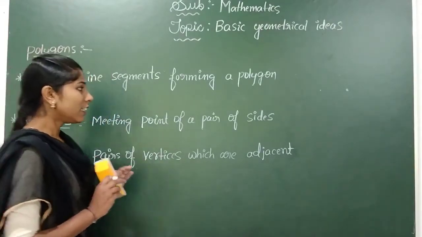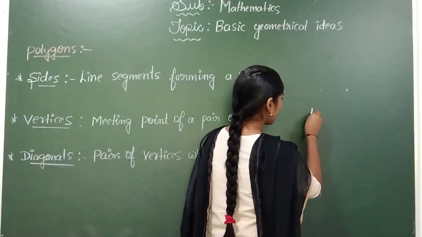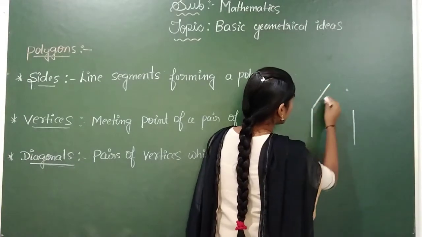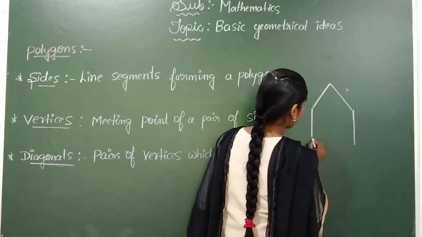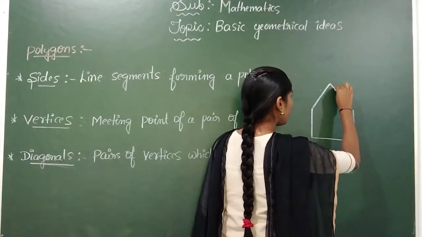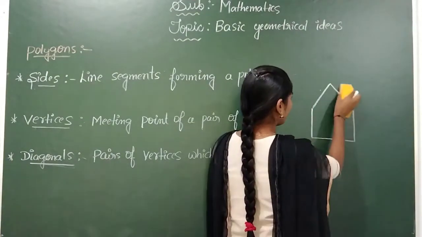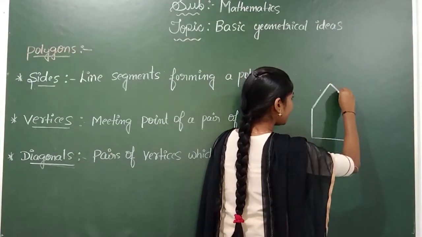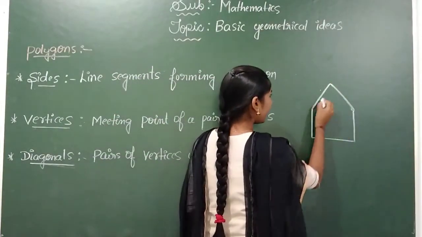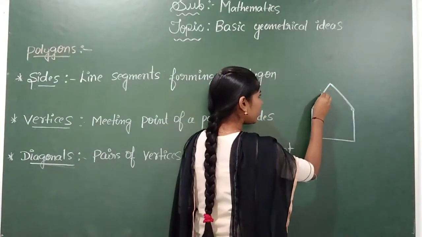Here I will take one figure which is a polygon. See, this is the polygon. It is made entirely of line segments. And it is a closed figure. It started from here.